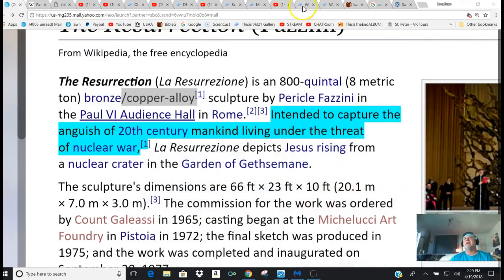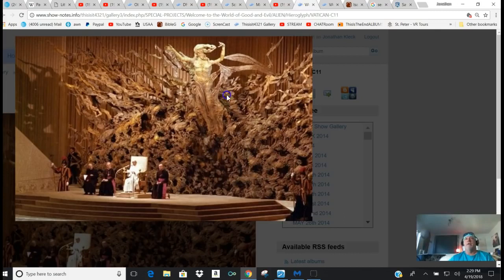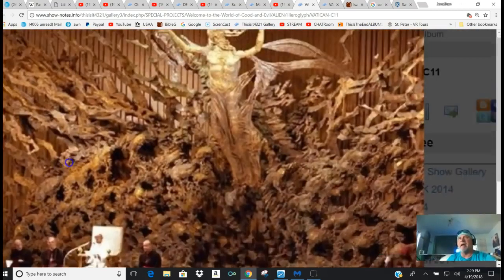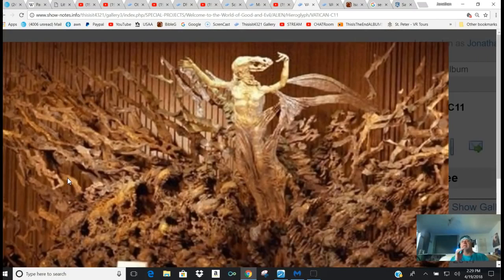Okay, so let me ask you this. Again, is that Jesus coming out of the pit, or is that a serpent-like creature with wings made out of bronze coming out of the pit? You tell me. Is that supposed to really be Jesus coming out of the pit, or coming up?